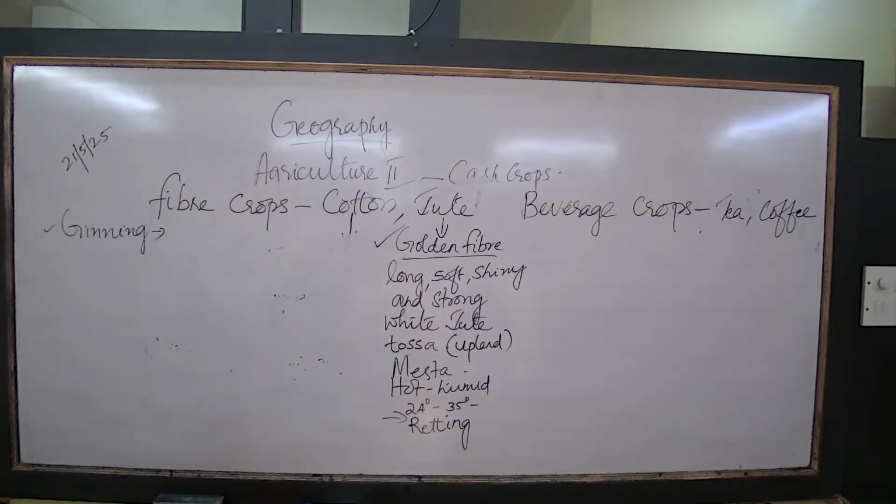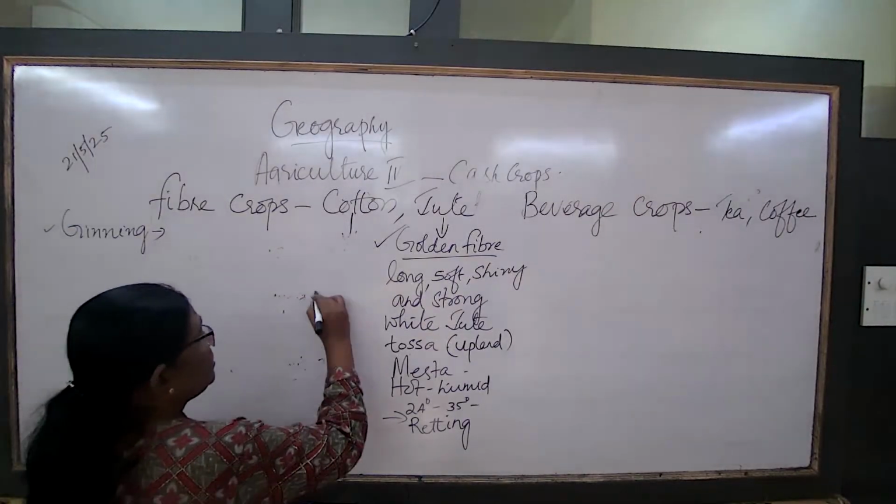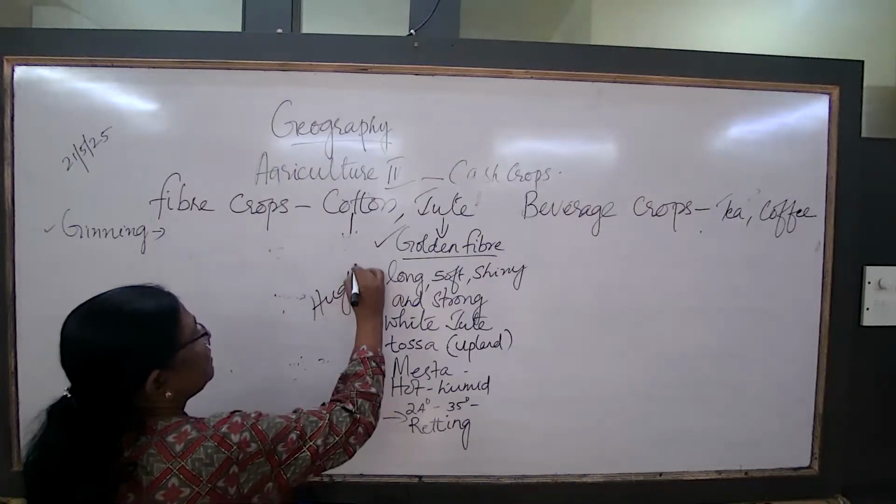Where are they grown? West Bengal, Bihar, Assam, Odisha, Tripura, Terai region of Uttar Pradesh. Okay. So West Bengal is the major producer. I have told you when Dhaka went to Bangladesh, the jute industries were there. So to feed those industries, they started growing around, and that also mostly in the Hooghly Basin.